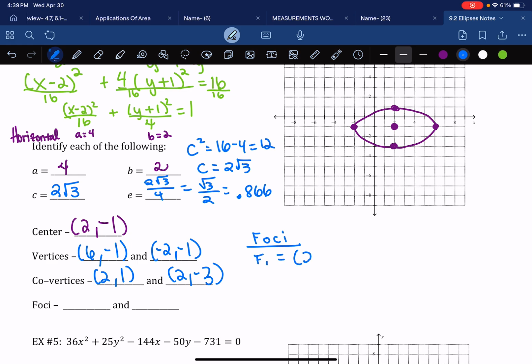I have 2 plus 2 root 3. The y does not change because it's a horizontal ellipse. Focus 2 gives me 2 minus 2 root 3, -1. Okay, so let's try to get that on there.